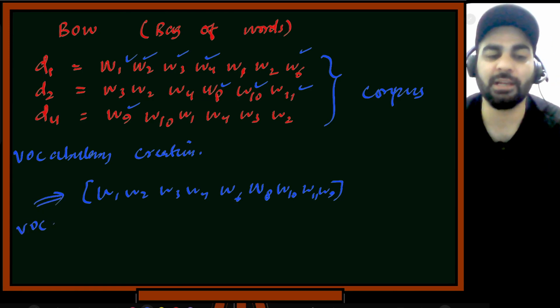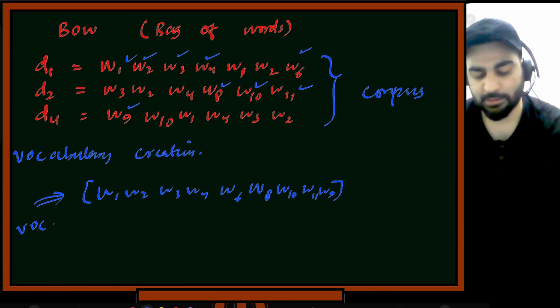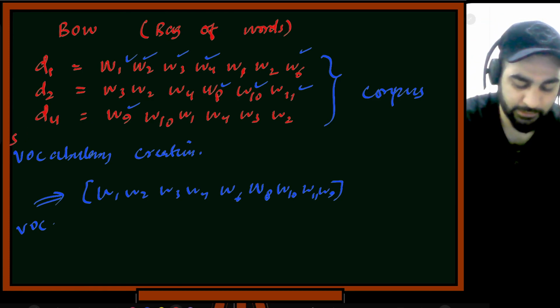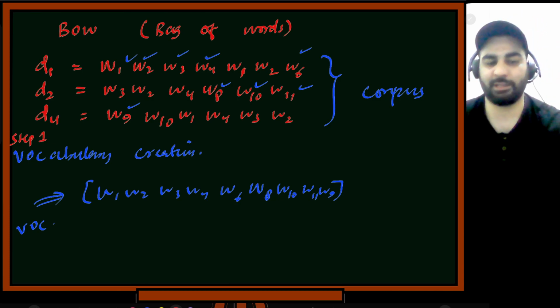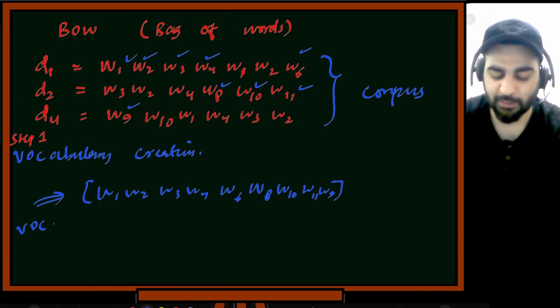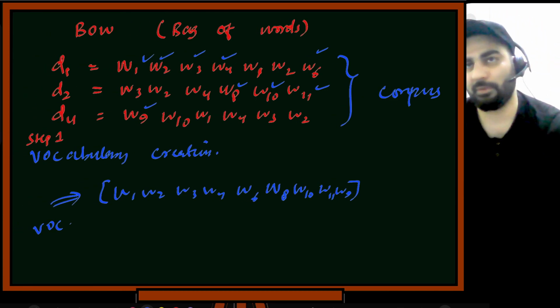Now you want to create a vector representation of a document. Step 1 is that you create a vocabulary. Now you have the vocabulary with all of these words, and the second step is, for each document you create a vector of this, a bag of words vector.